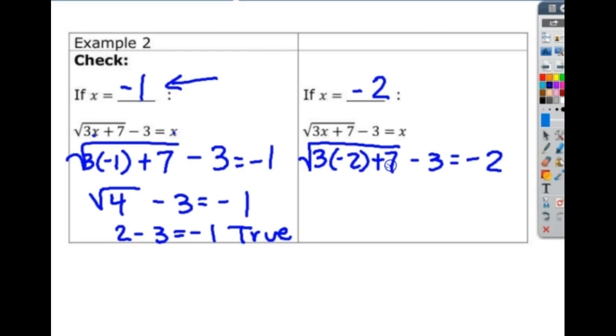-6 plus 7, what is the square root of 1? Is that true?